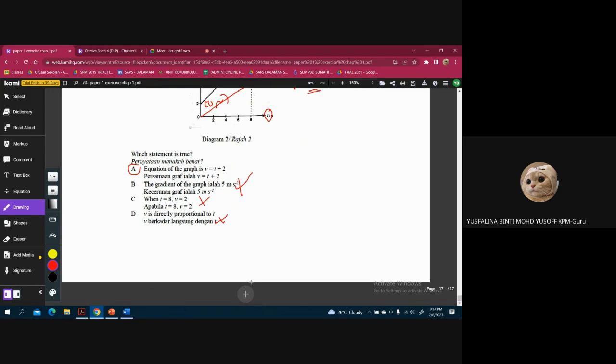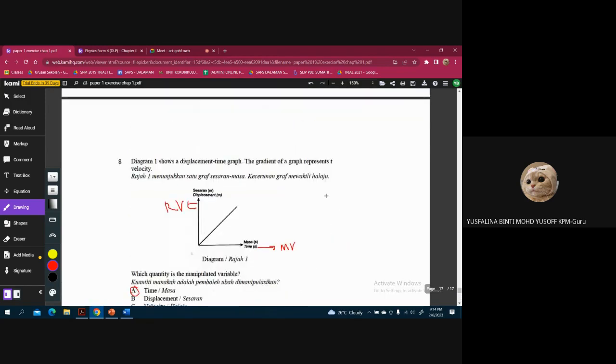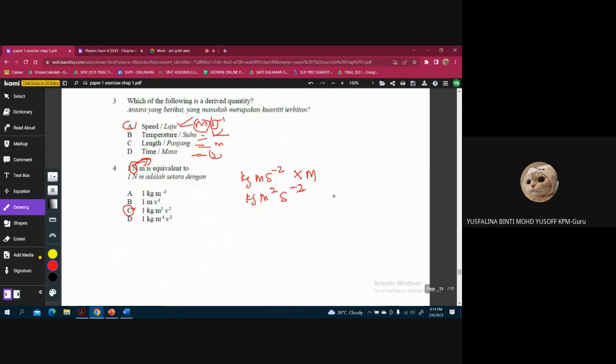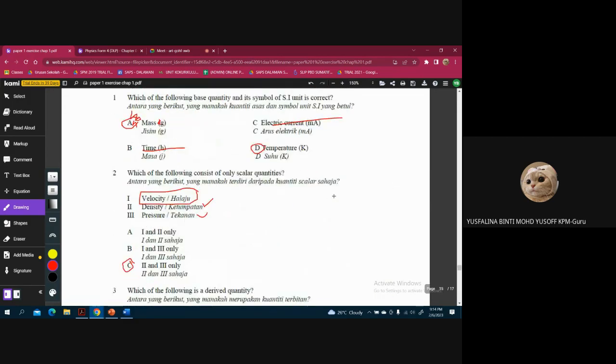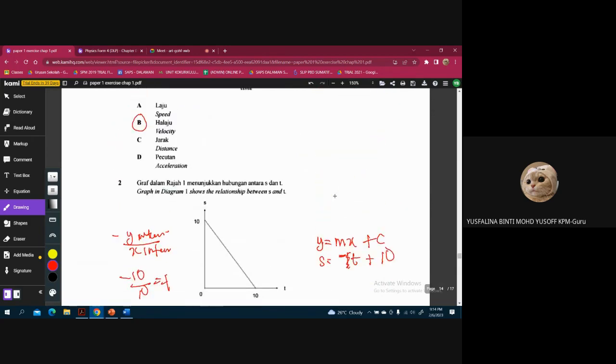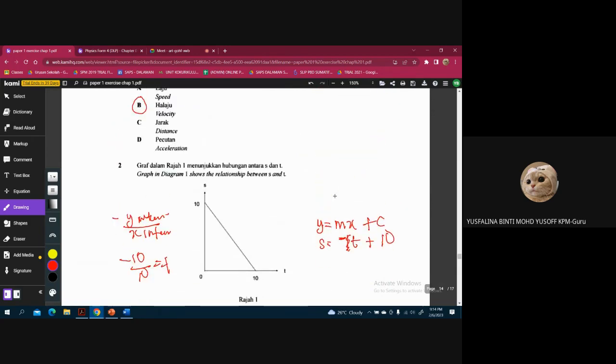Basically they are just repeated questions, they just change the number or the sentence. The graph, then the unit, how to change, then derived and base quantity, scalar, vector. So that's the type of question they will ask in the exam.